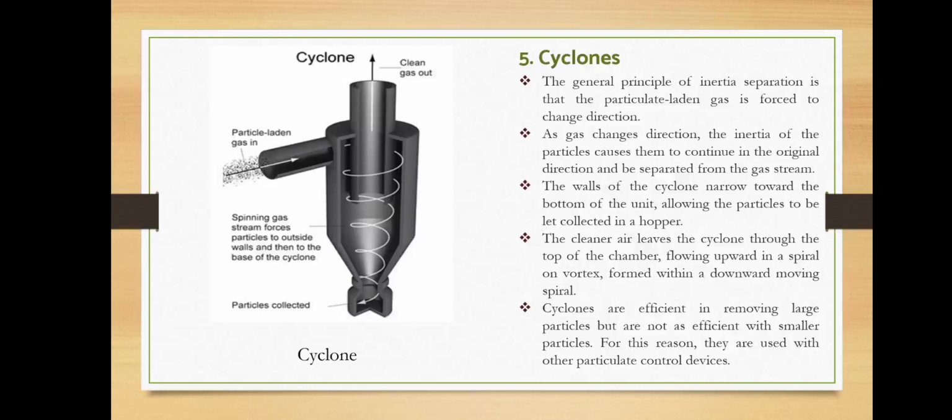The cleaner air leaves the cyclone through the top of the chamber, flowing upward. A spiral or vortex is formed within the down-moving spiral. Cyclones are efficient in removing large particles but are not efficient with smaller particles. For this reason, they are used with other particulate control devices.